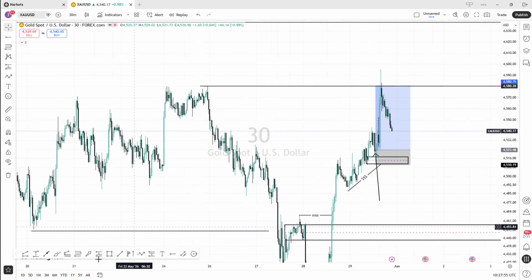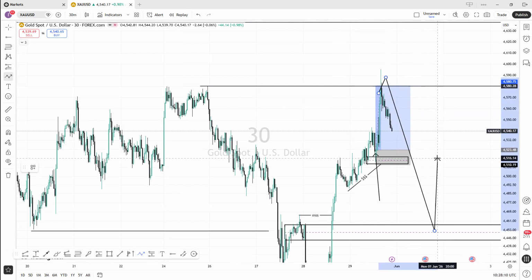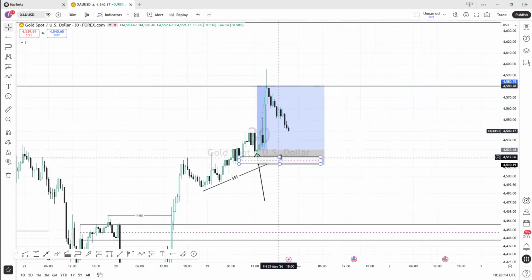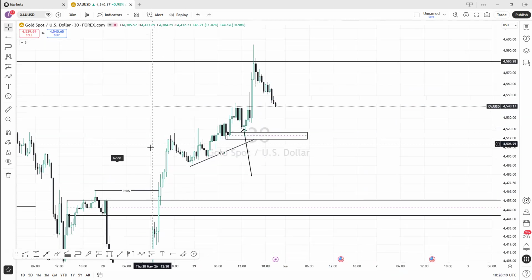So immediately after the sweep, price created a reversal or corrective move. So expecting this correction, which may retrace deep until this level, and then later I will find buys. So on Monday, we are going to focus on finding buys from this deep discount level.